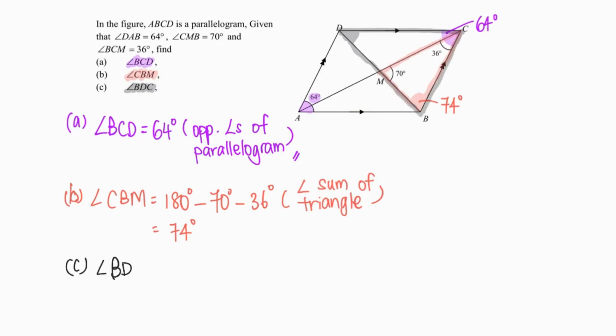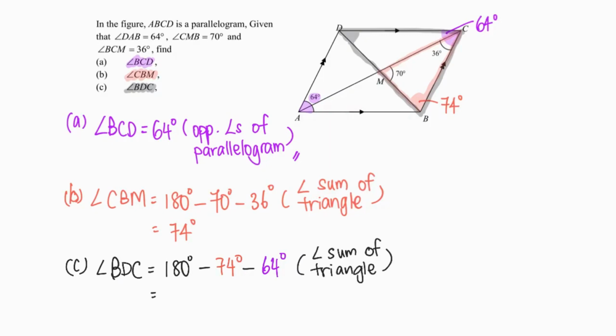Angle BDC is 180 degrees minus my 74 minus my 64, because this is again the angle sum of a triangle. That will give me 42 degrees.